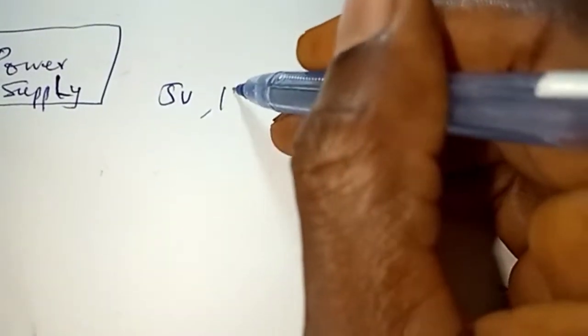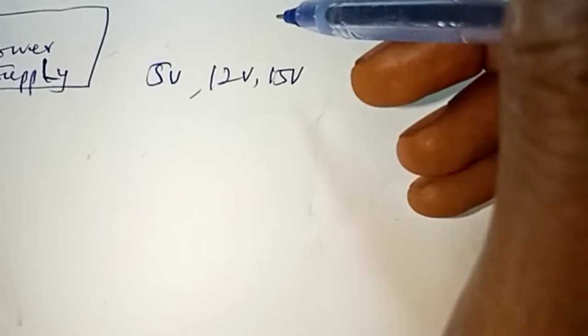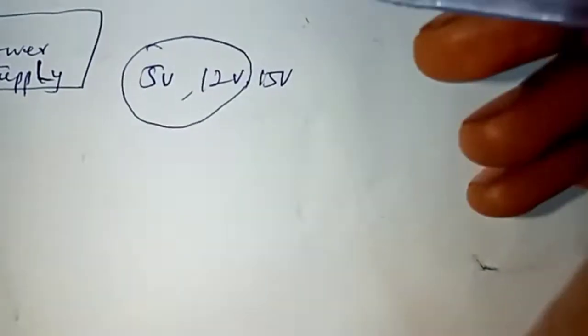The electronic components you want to design with are basically 5 volts, 12 volts, 15 volts, but the most common ones used are 5 and 12.